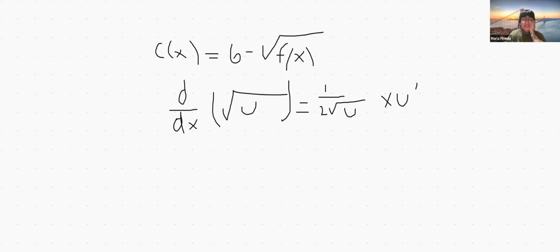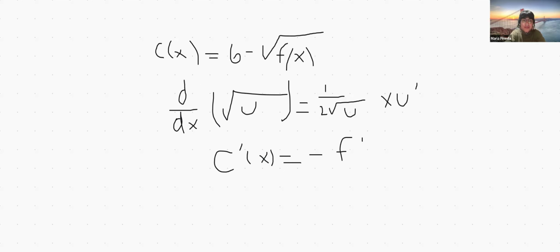Now we're going to apply the derivative, and it would be c prime of x equals... No, wait.